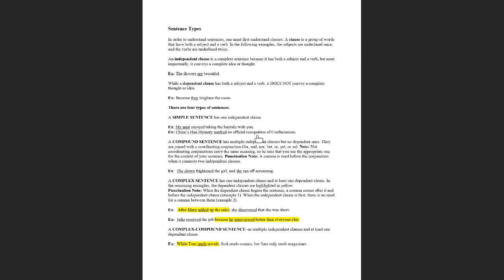For instance, and is similarity, but and yet show contrast, or is option. There actually is a handout that I have that explains the different coordinating conjunctions, so I'll make sure to upload that to course documents so that you can have it. But simply, with a compound sentence, you combine two simple sentences with a coordinating conjunction.